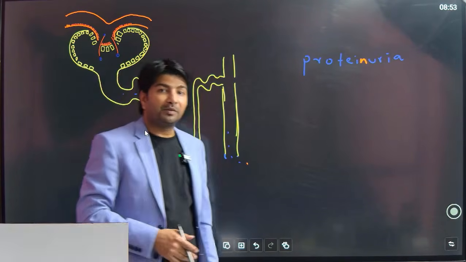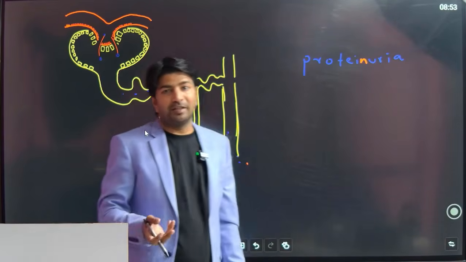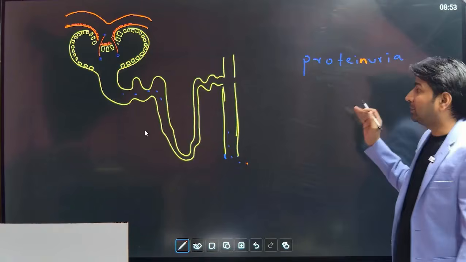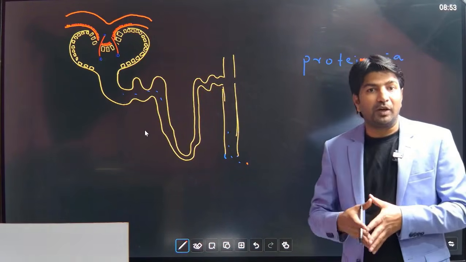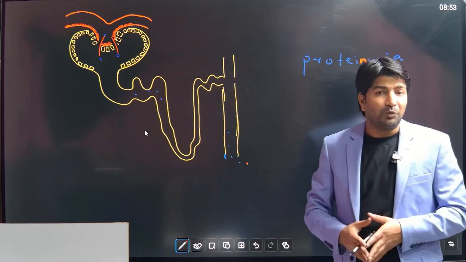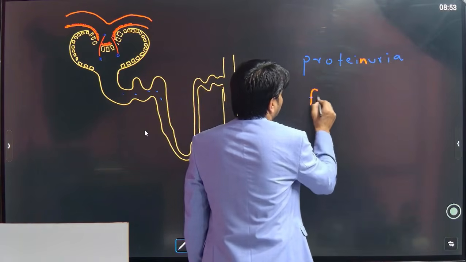The same thing happens here, because if there's proteinuria, it means there's protein in the urine, and protein acts like a surfactant. This means it will reduce the surface tension of the urine. By reducing it, as the urine is passed out, it mixes with air and forms foam. This means the second symptom will be foamy urine or frothy urine.